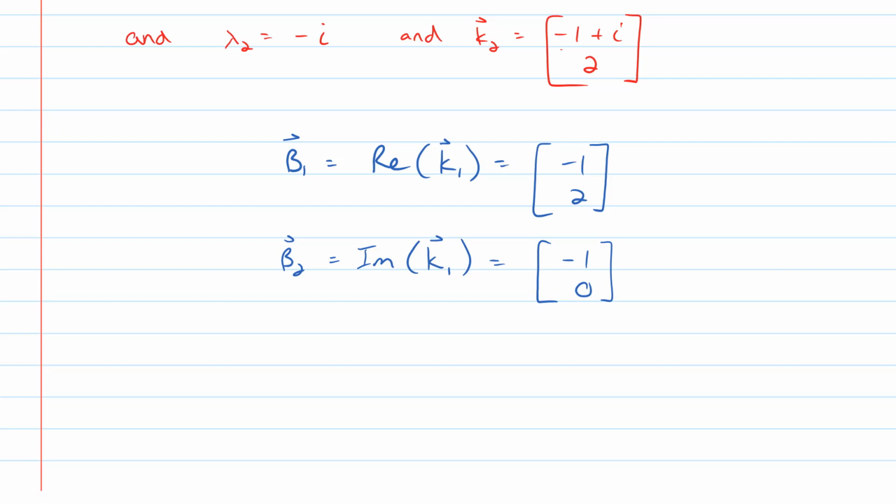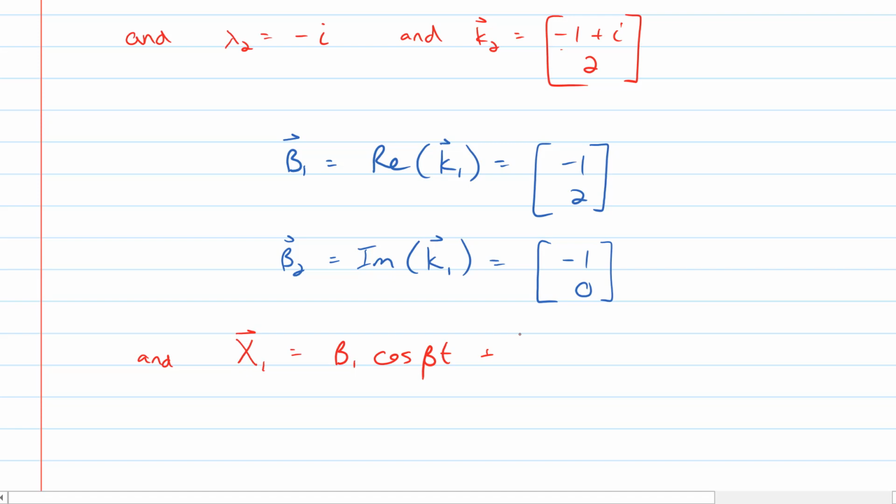And now we write out x1, I suppose I should make a nice big capital letter, is equal to b1 cos beta t minus b2 sine beta t.